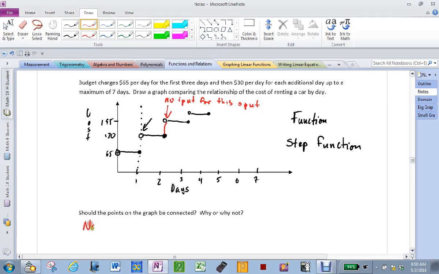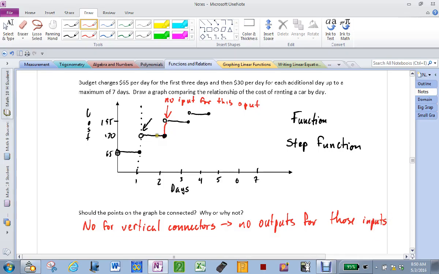So, no for the vertical connectors. Why? Because there's no outputs for those inputs.